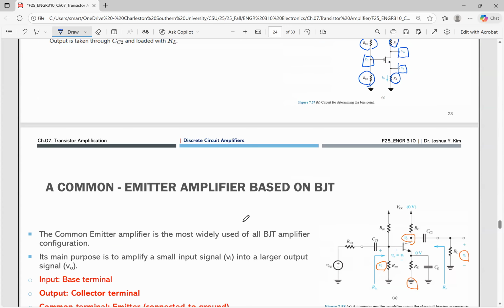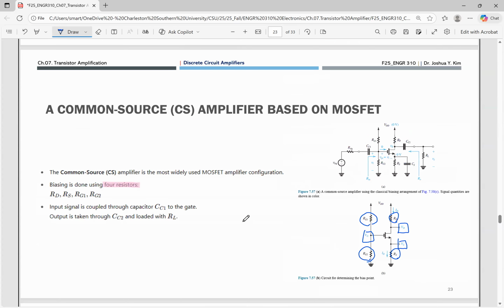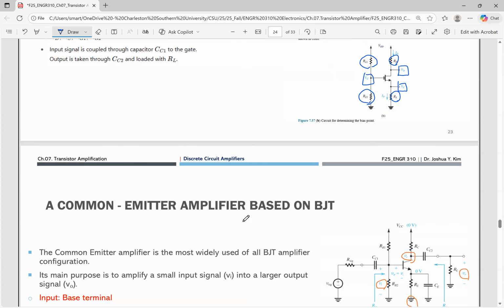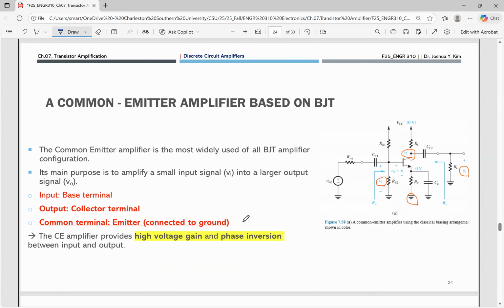So that was the introduction to the configuration for the MOSFET. But today I want to focus more on the common emitter amplifier based on the BJT. Similar, but different. The common emitter amplifier is the most widely used of all the BJT amplifier configurations. It's very important.